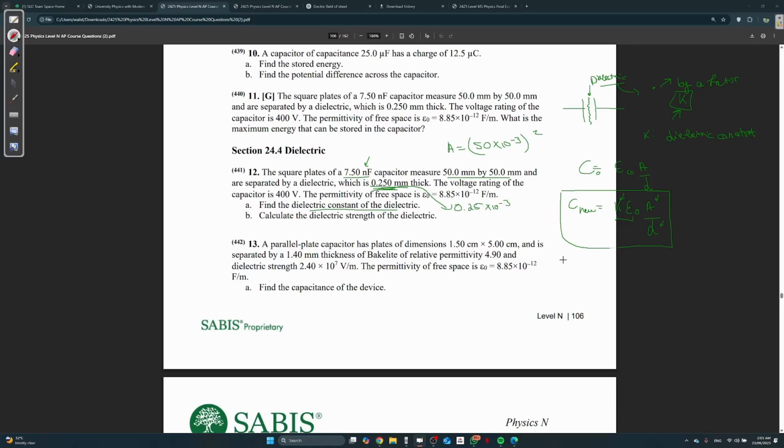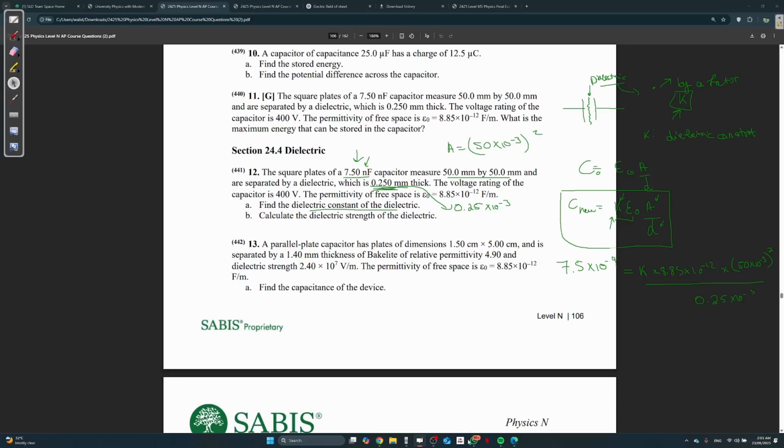Okay, so let's substitute everything. The new capacitance, 7.5 times 10 to the minus 9 equals K, which we don't know, we're trying to find the constant, times epsilon 0, which is 8.85 times 10 to the minus 12, times the area, which is 50 times 10 to the minus 3 squared, over the distance, which is 0.25 times 10 to the minus 3.